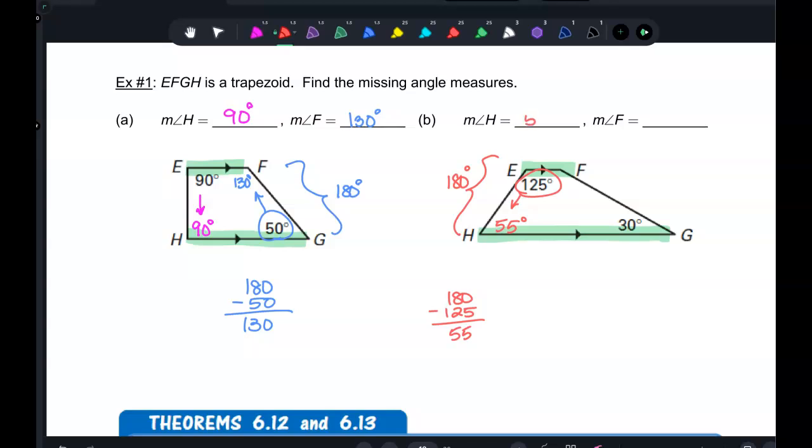So H is 55 degrees. And on the other side, these two add up to 180. So if this is 30, I would subtract 30 from 180. And that would give me 150 degrees for angle F. Again, these are not parallelograms, so the opposite angles are not going to be congruent.